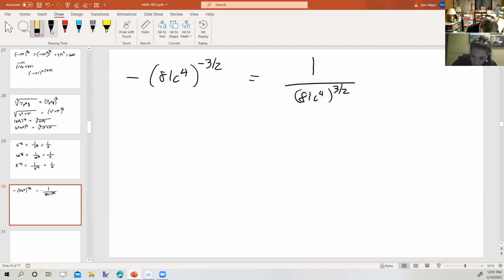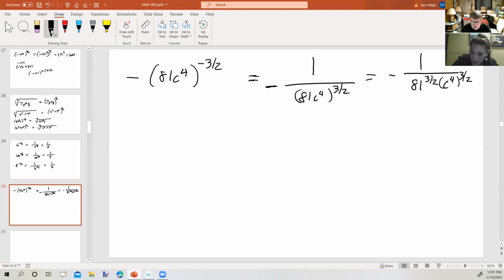In fact, I'm going to move that negative sign right out there. And that's equal to negative 1 over 81 to the 3/2 power c to the fourth to the 3/2 power.